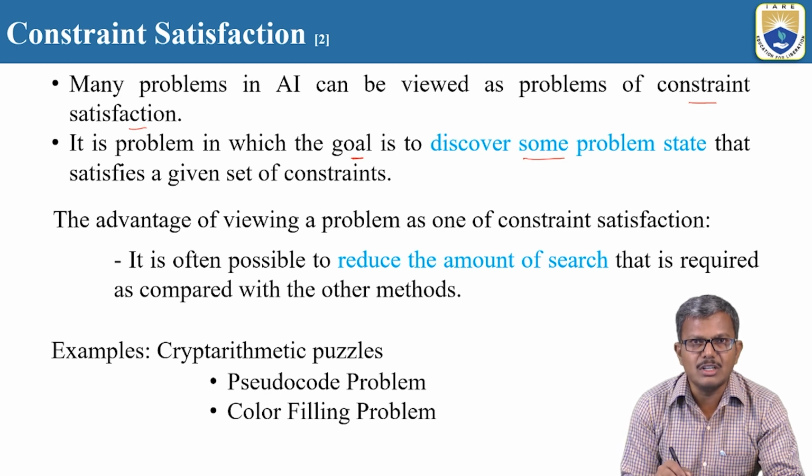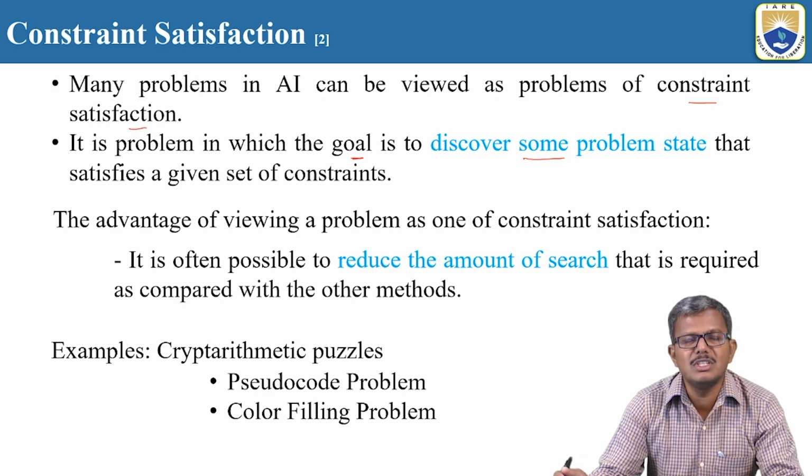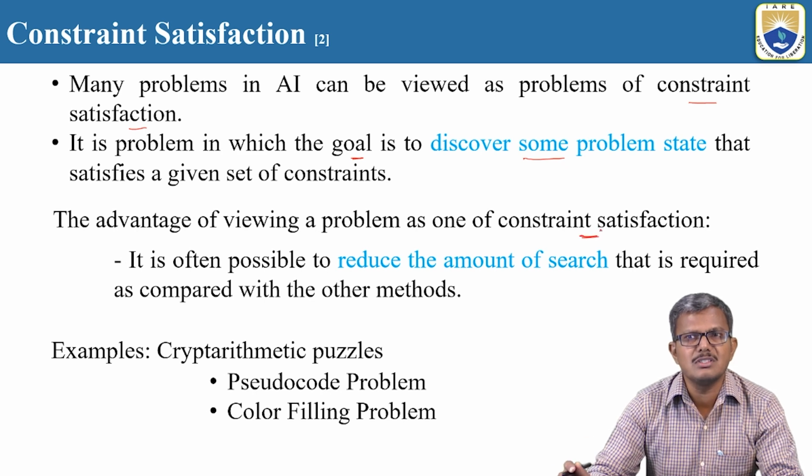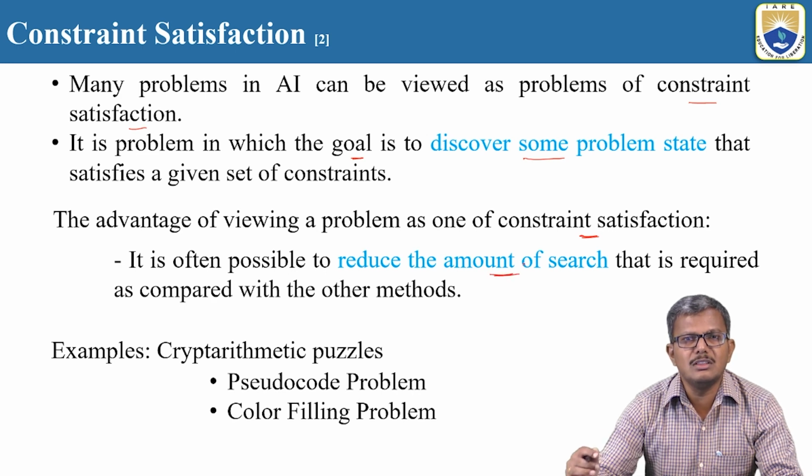So what is the advantage of making use of these kinds of things? What is the advantage that we have whenever we are using constraint satisfaction? The biggest advantage is the reduction in the time we use to perform the search activity. We can clearly do a comparison: by using informed search techniques and uninformed search techniques, how much time we take to perform a search activity.